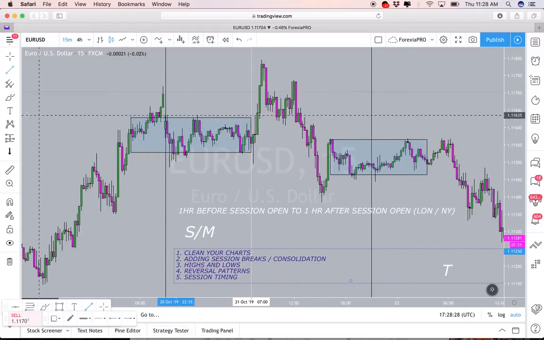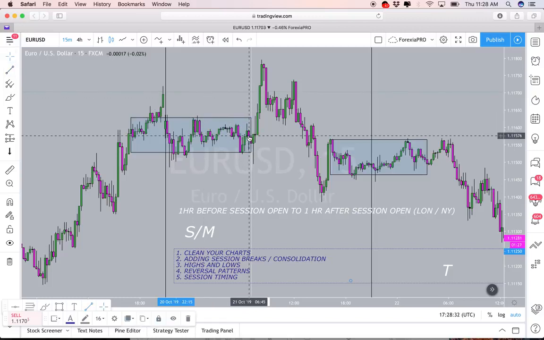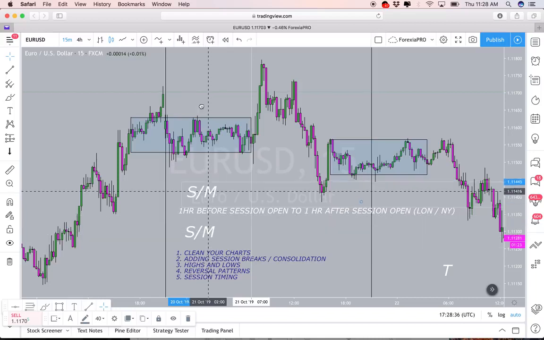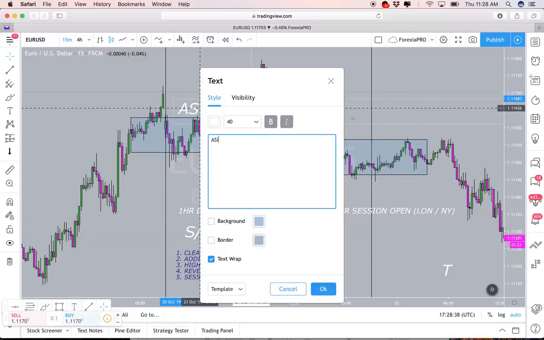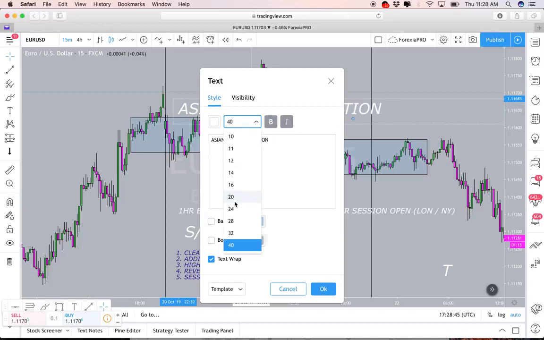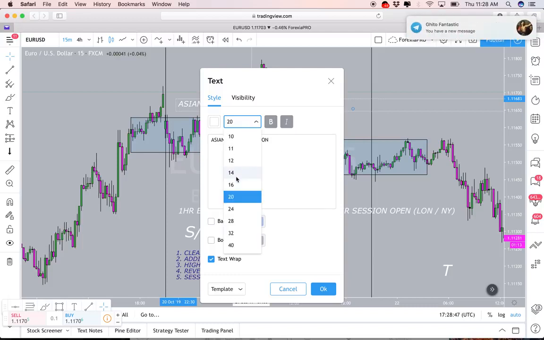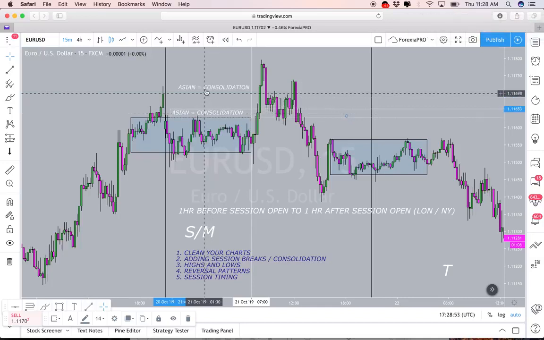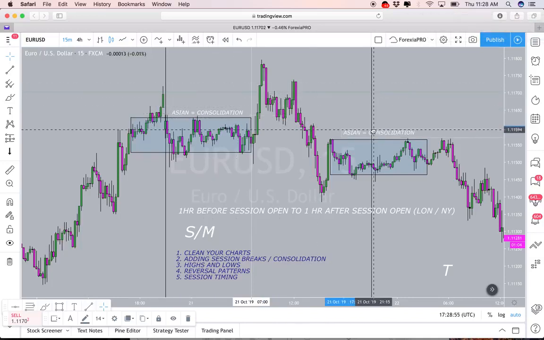So, we can see Asian session consolidation. Asian session is known for consolidation, at least that's what I teach my students. Asian session, we don't trade.